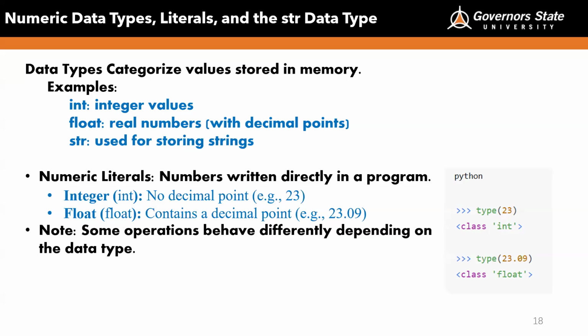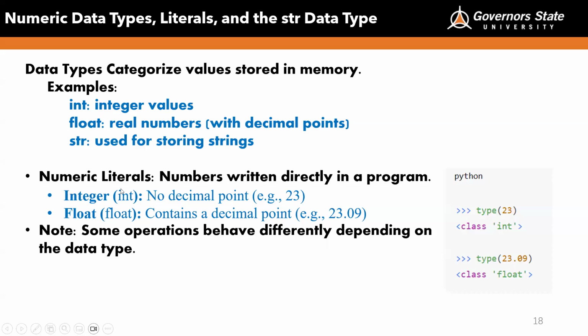For example, int means the integer value, and float means the real number, a number with a decimal point. And str is used for storing strings.